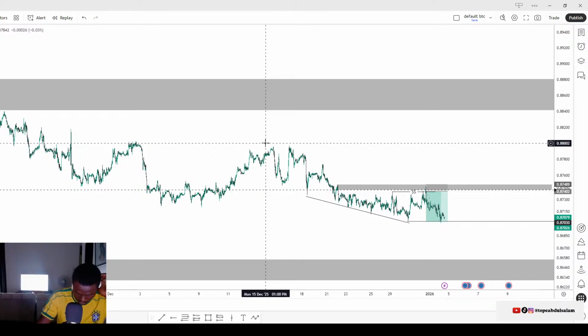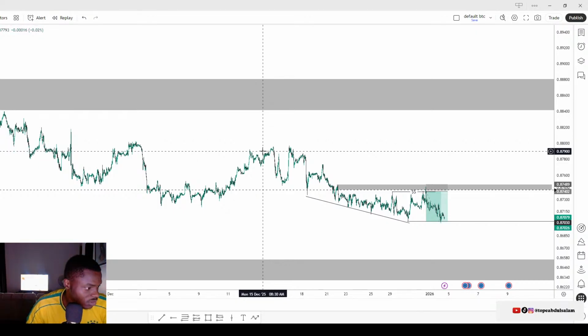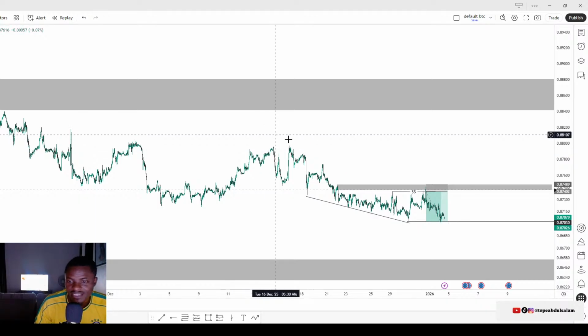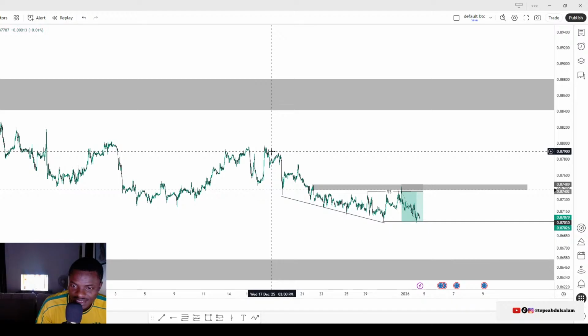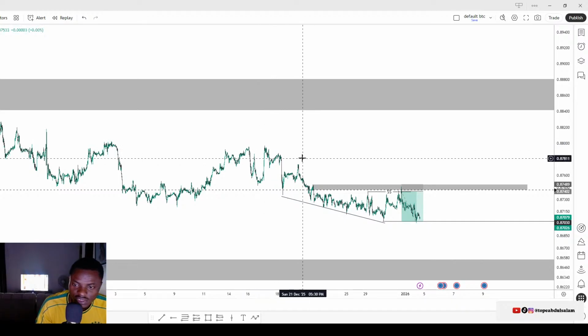The market still has that liquidity. If you are in a trade now, you can target here as your take profit because there's liquidity there.